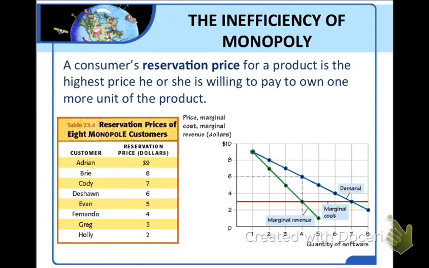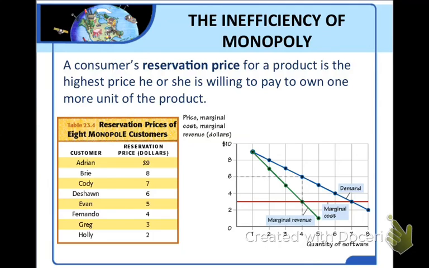Because if Monopoly were to lower its price to $5 in order to sell the 5th unit, it would receive $1 less from Adrian, Bree, Cody, and Deshaun, who were all willing to pay at least $6. Monopoly's revenue from the first 4 units would then fall by $4, and Evan would pay $5 for the 5th unit, so the marginal revenue would only be $1.